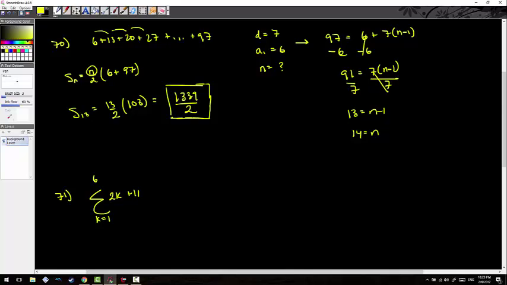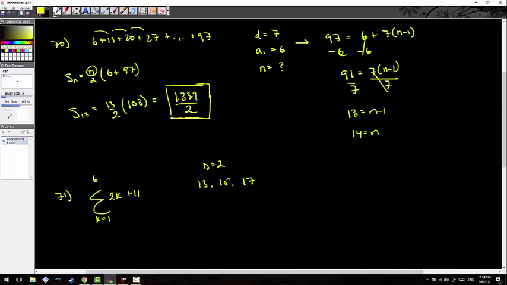So you can expand the first couple of terms. If you plugged in a 1, you would get 13. If you plugged in a 2, you'd get 15. If you plugged in a 3, you'd get 17. So I think we kind of see the pattern here. It looks like we're increasing by 2 every single time, which means this is probably some kind of arithmetic series.